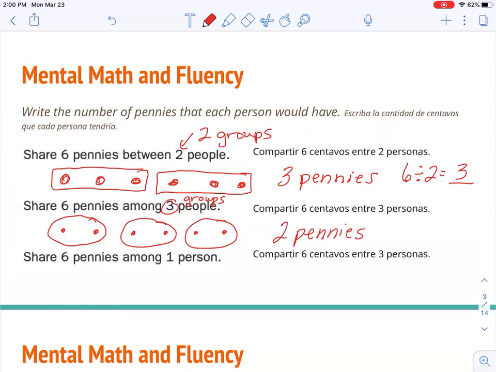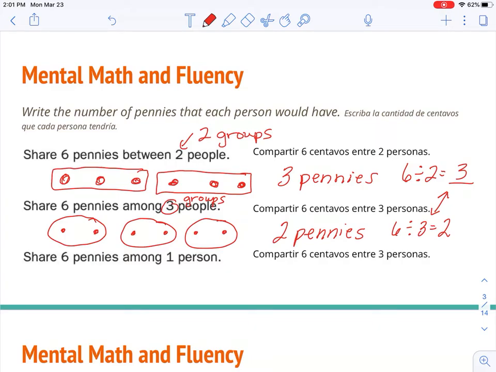And if you look at the previous problem, where the answer was 3, this was just the opposite. We took 6 and divided it by 3 to get 2, instead of 6 divided by 2 to get 3. Those are in the same fact family.